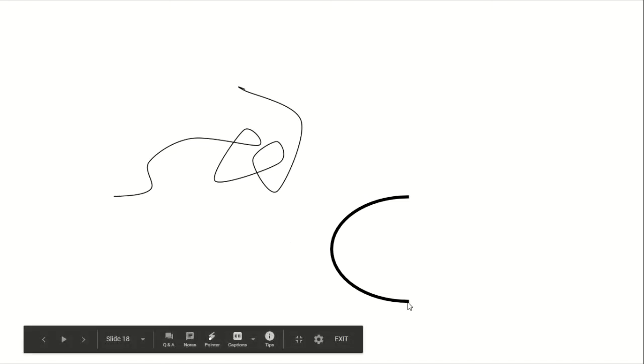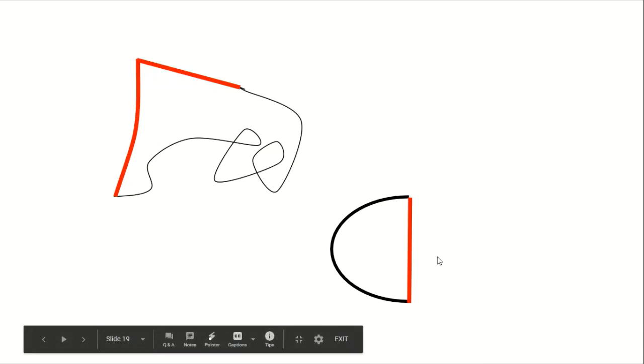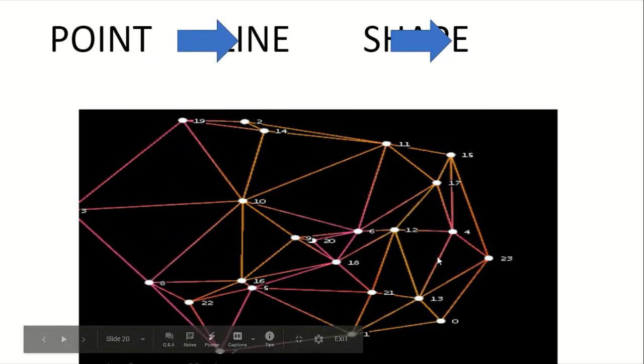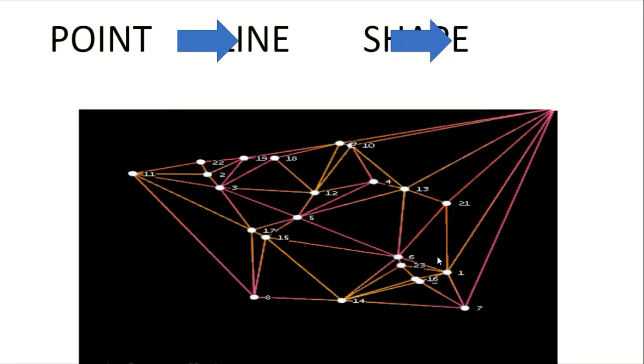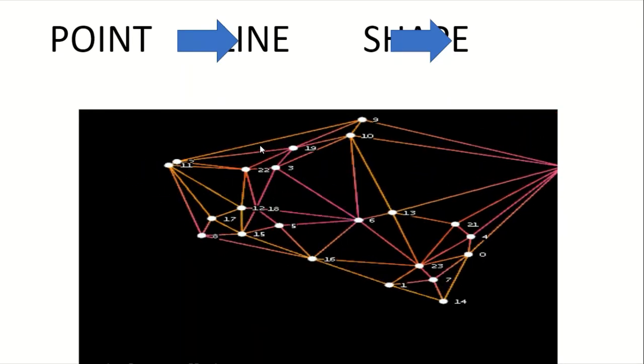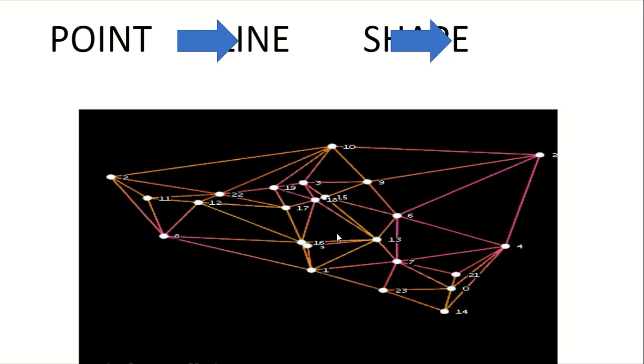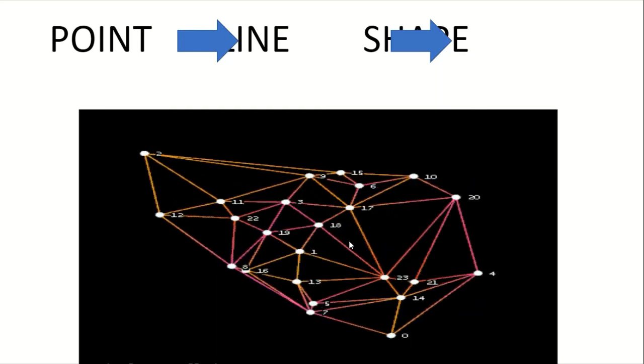We could come behind this line and make it like a crescent moon to make it a shape. Same thing over here. You can connect this line and turn it into a shape. So here's what I did. Okay. Do you see how my lines are now shapes? So basically, our points lead to lines and our lines lead to shapes.